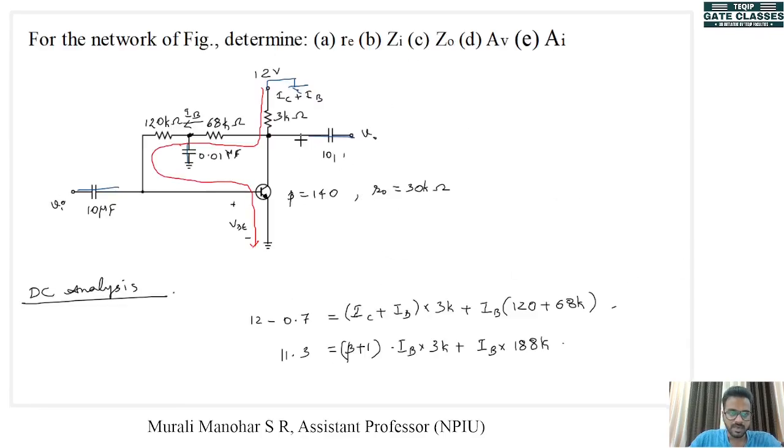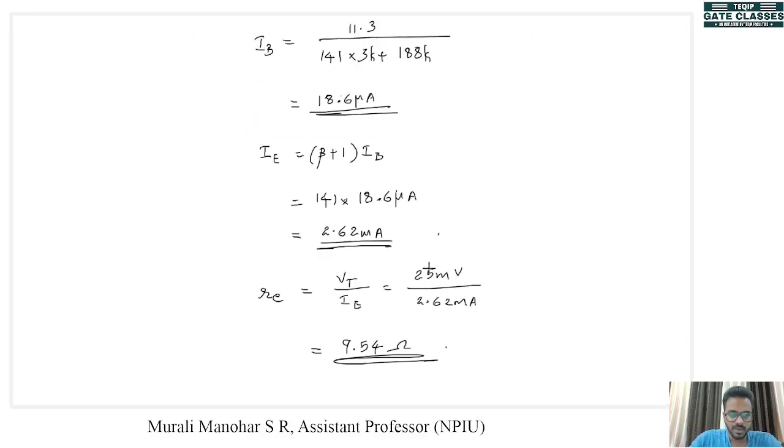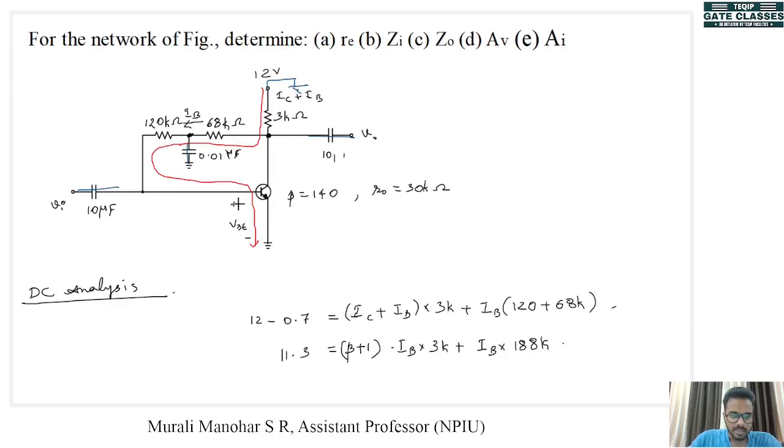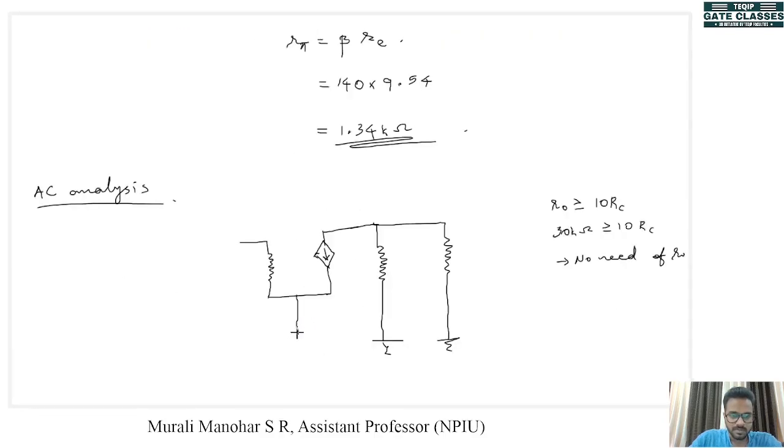So at the collector we have two resistances, one is this 3 kilo ohm and a parallel 68 kilo ohm. So we can draw it here, this is the 3 kilo ohm and this is the 68 kilo ohm, both are connected to the ground. This point which is emitter is also connected to the ground. This is R pi and this is beta IB.